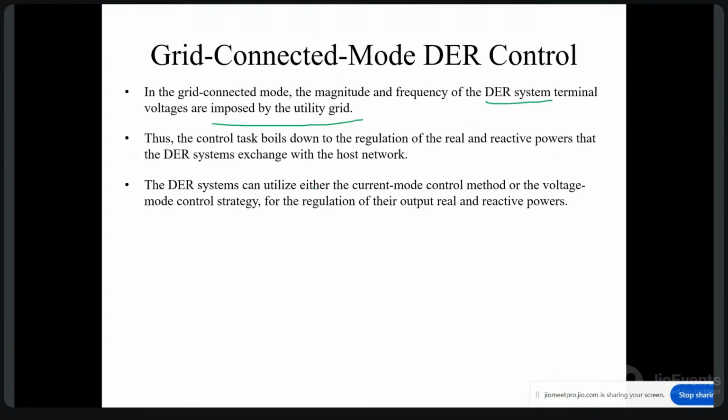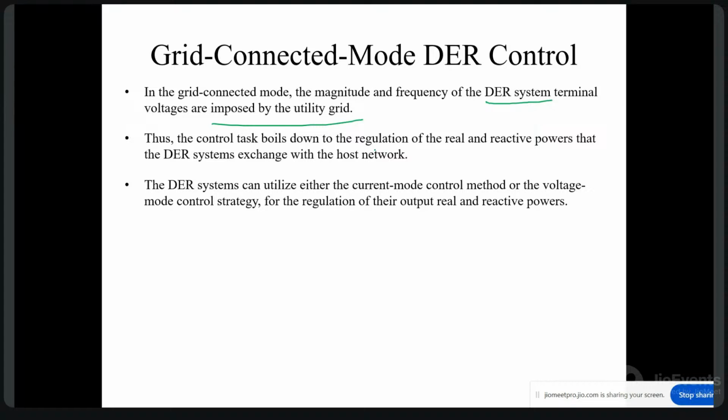So as you can see here, in grid connected mode, the voltage magnitude and the voltage frequency of the DER are imposed by the utility grid. As the voltage and the frequency are decided by the grid, we will not have any control over them.